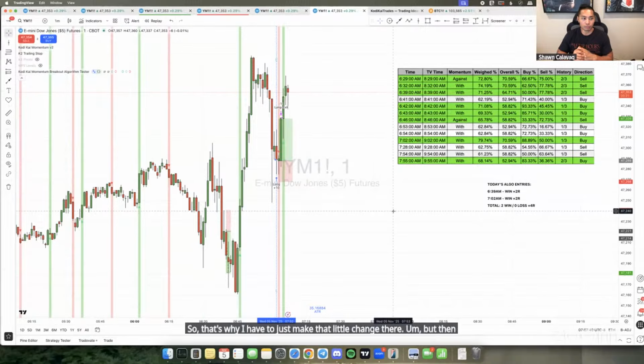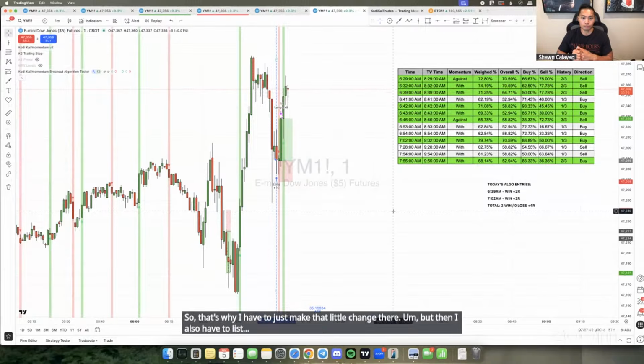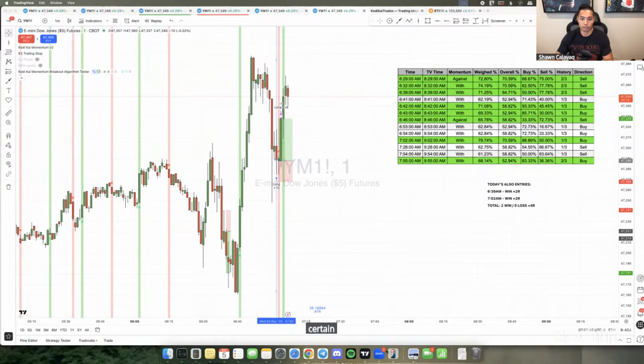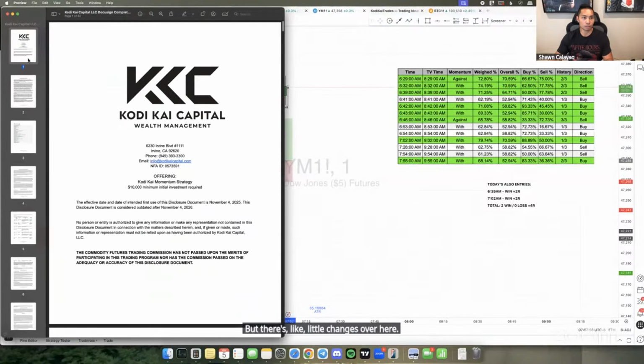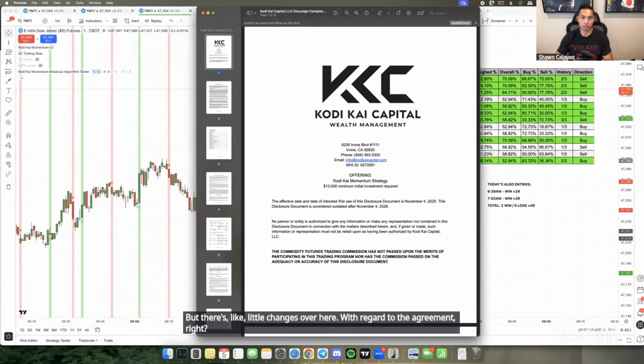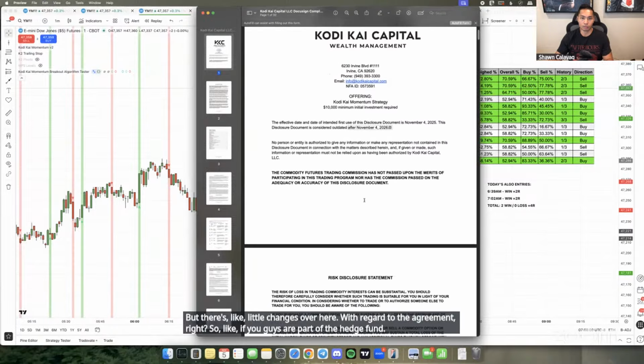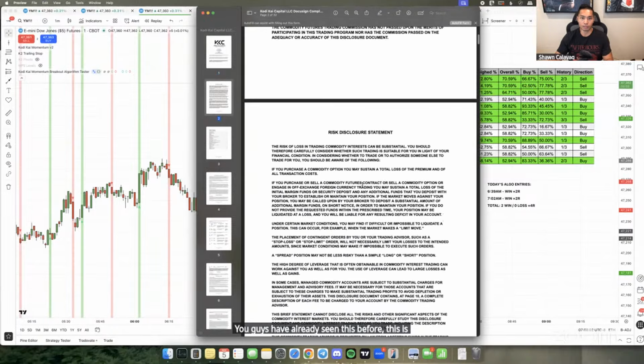I also have to list certain things. There are little changes over here with regard to the agreement. It's nothing crazy. If you're part of the hedge fund, you've already seen this before. This is the agreement and the disclosure document.